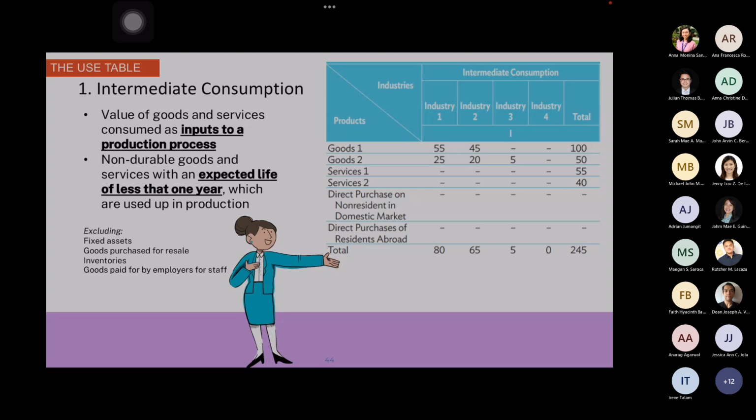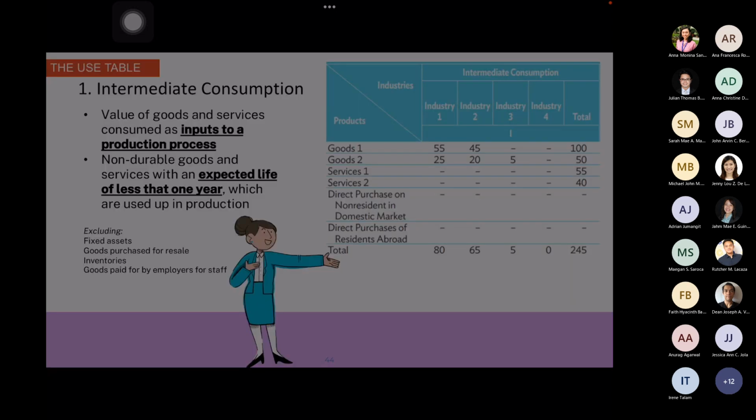Thus, it excludes the following. So we have here fixed assets, goods purchased for resale, inventories, and goods paid for by employers for staff. So again, it does not include all purchases that were made by business, as it excludes fixed assets whose consumption is recorded again as consumption of fixed capital.